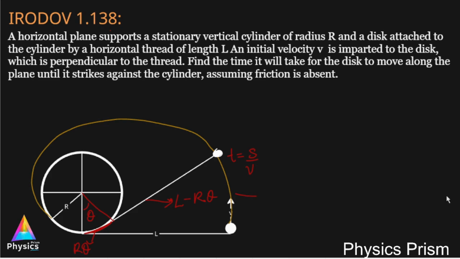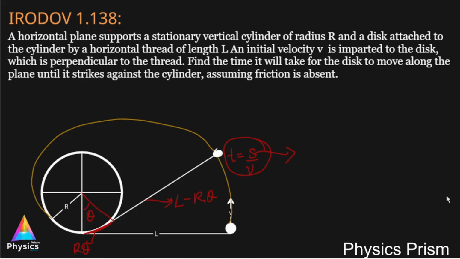So if we could find the distance s of the trajectory, we know the velocity, since the rope will not change the magnitude of the velocity, it will just change the direction of the velocity. So that's pretty much it. Now how to find this s?